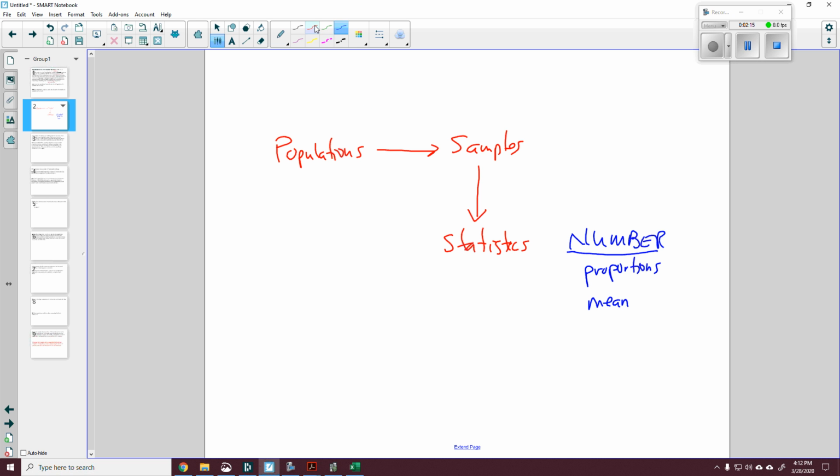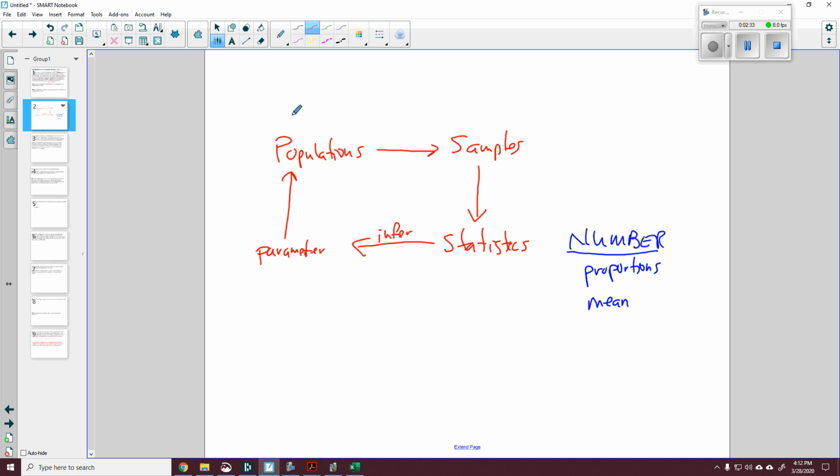And then from those statistics, if we've done everything right, we can then infer a parameter to a population.